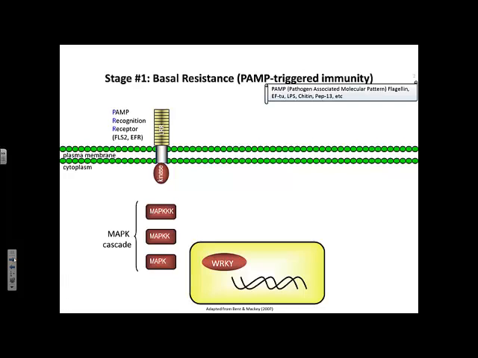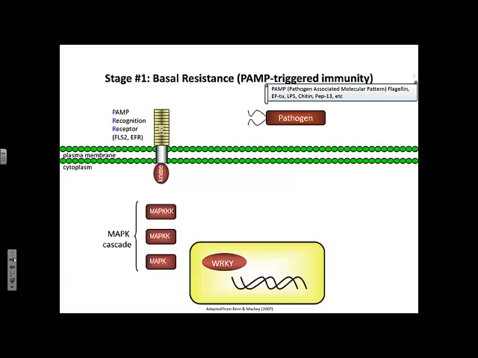Here we have basal resistance. The plant generally recognizes the presence of a pathogen by recognizing the PAMP, the pathogen-associated molecular pattern, which includes flagellin and other PAMPs. If the pathogen is around, the plant has receptors named PAMP recognition receptors, which include FLS2 and EFR.